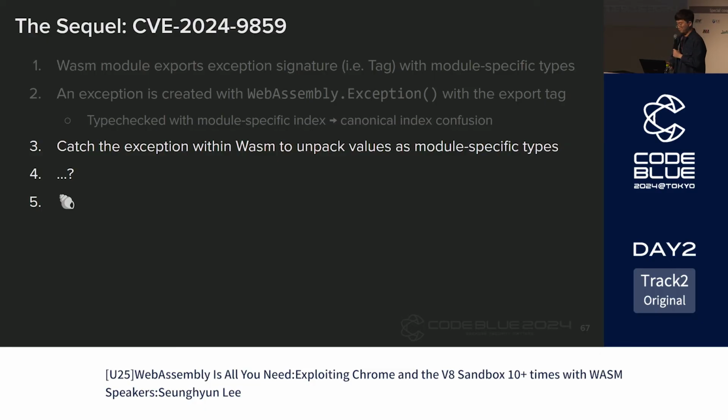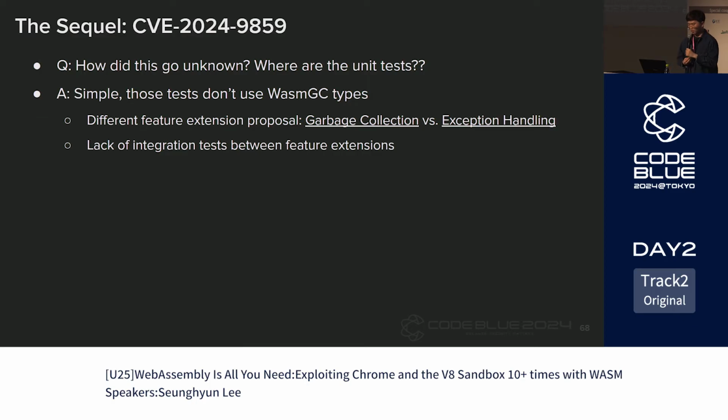A bigger problem that we see is not really about this bug itself, but how did this bug go unknown, and where are even the unit tests? Because each of these steps is designed to do what it's supposed to do. We have the feature of exporting an exception signature. We have the feature of using it from JavaScript to create an exception, and we have the feature to throw it and catch it back in WebAssembly.